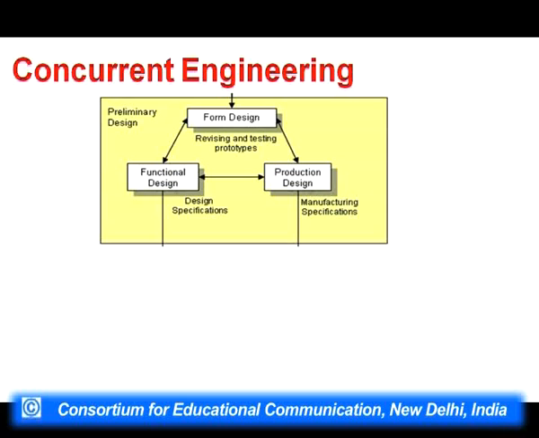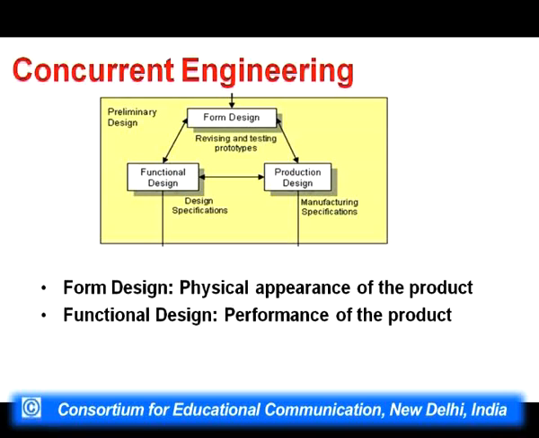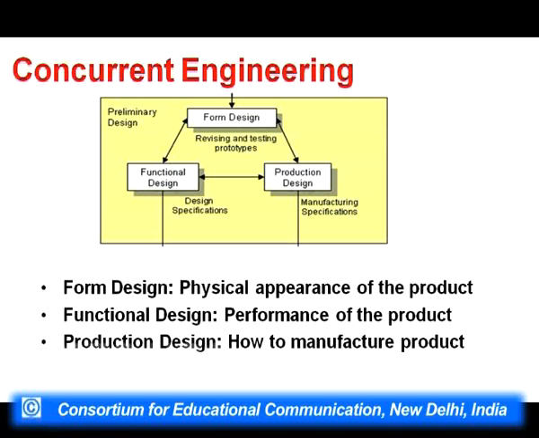In functional design, we design the specifications as far as the design is concerned, and production design gives us the manufacturing specification based on the available machinery with us, and this gives us a preliminary design of the product. Form design means the physical appearance of the product, how it looks. Functional design means performance of the product, and production design, how to manufacture the product.